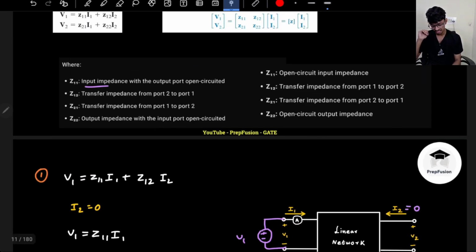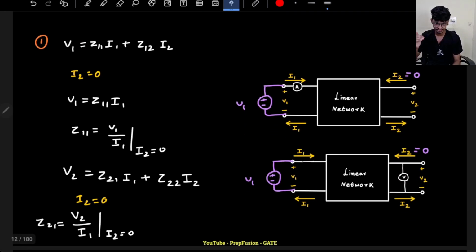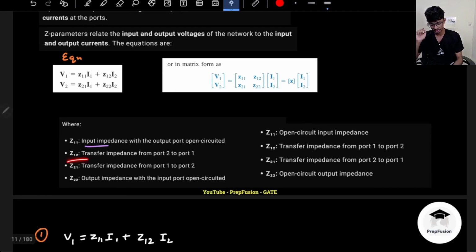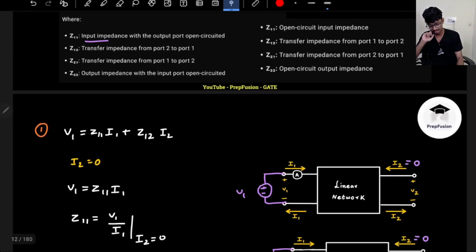Another point is, why is it called transfer impedance here? First of all, it is a ratio of voltage and current, and anything that is a ratio of voltage and current has the unit of impedance. It is called transfer impedance because I am taking the ratio of the voltage of port 2 to the current of port 1. It is transferring from one port to the other. Same in the case of Z12, as I am taking the ratio of voltage V1 and the current of port 2.